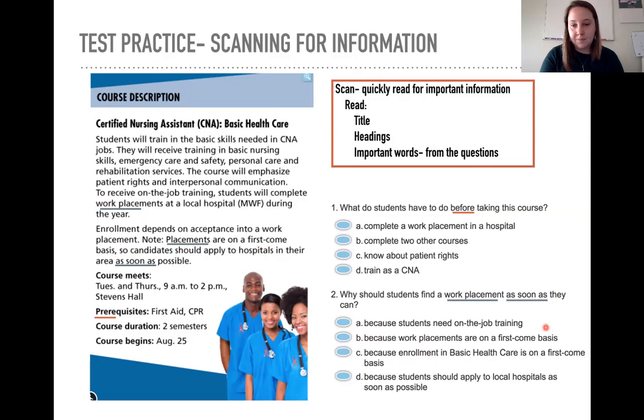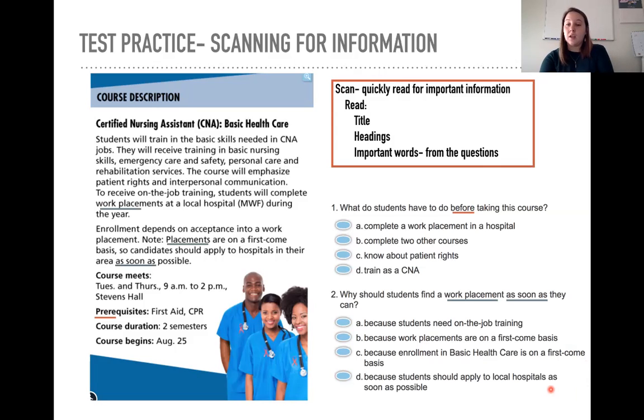So A says because students need on-the-job training. B, because work placements are on a first-come basis. C, because enrollment in basic health care is on a first-come basis. D, because students should apply at local hospitals as soon as possible.